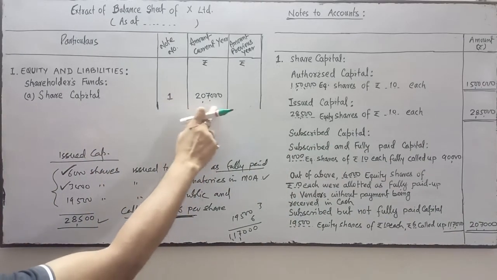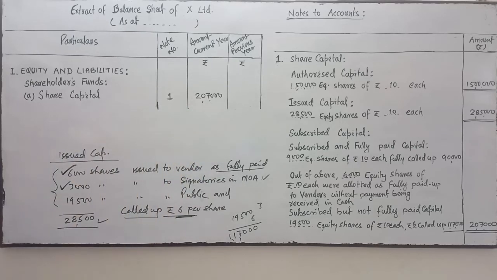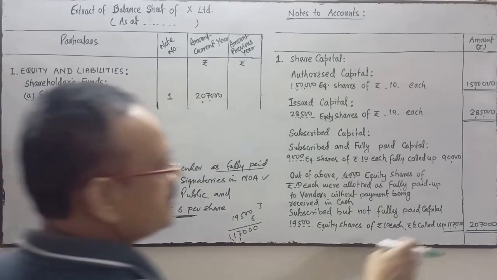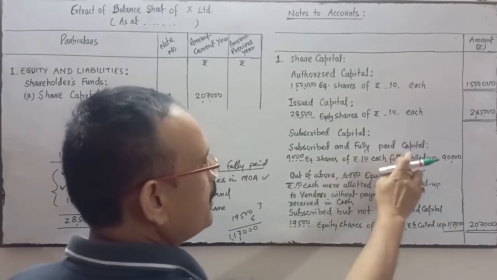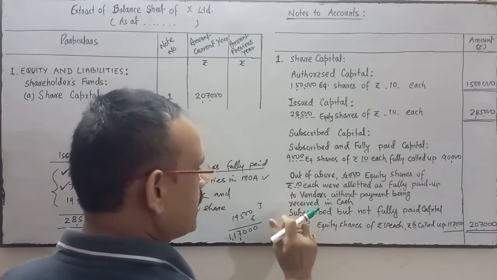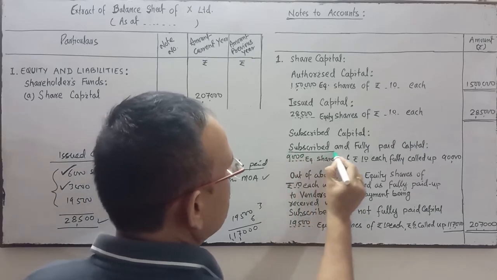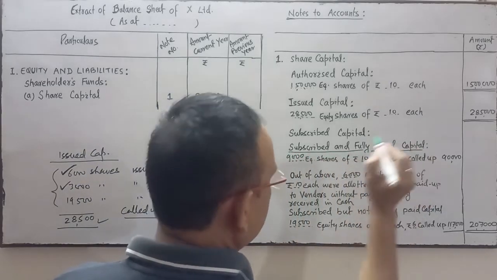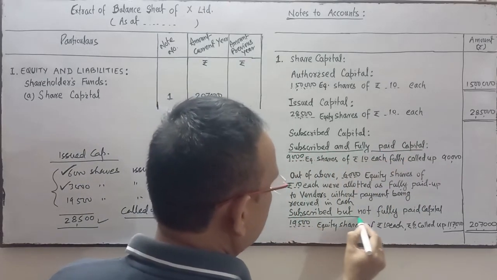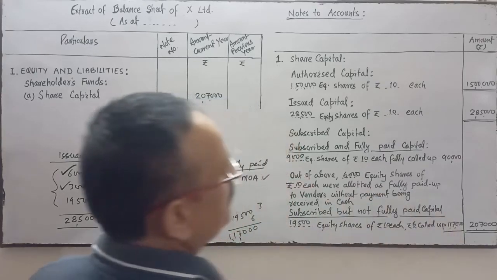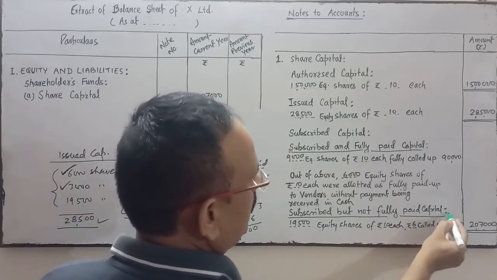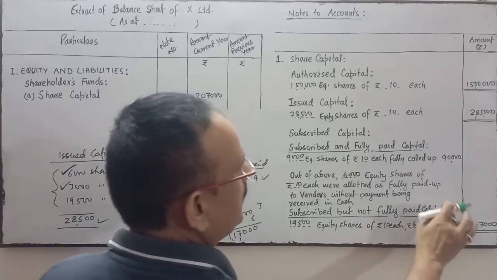Paid up amount, we will write it over here. Under this there are two things, subscribed and fully paid up capital, and subscribed but not fully paid up capital.